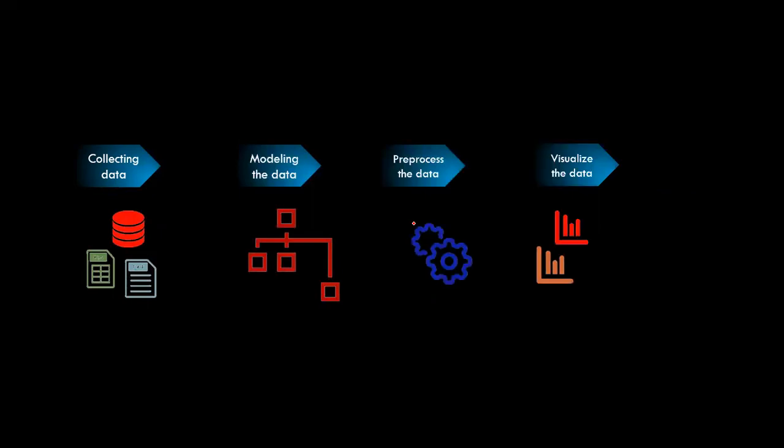What do you mean by processes? Collecting the data, modeling the data, pre-processing the data, visualizing the data, and gaining insights from it. As part of business intelligence, we use these sets of processes and technologies.